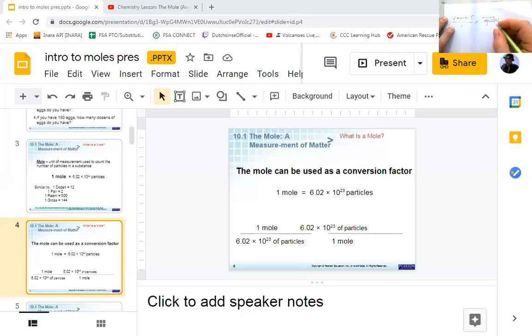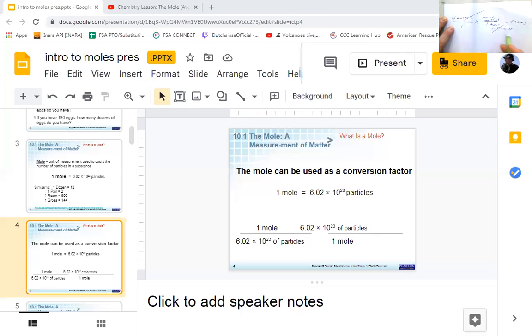Over 1 mole of carbon. I'm going to write out the carbon. And let's finish it. Is equal to grams. Mole of carbon, cancel that. Cancel it out. What's the only unit that's left?